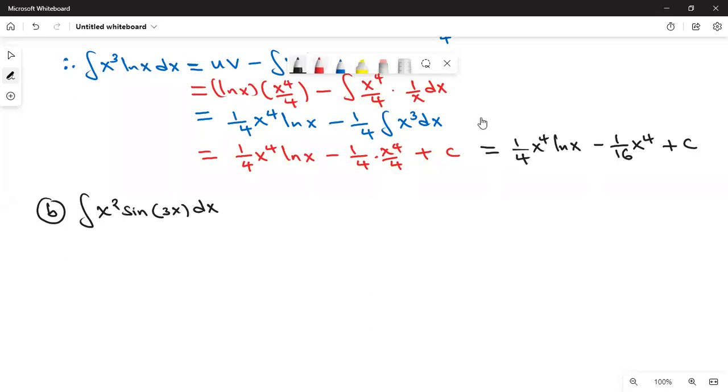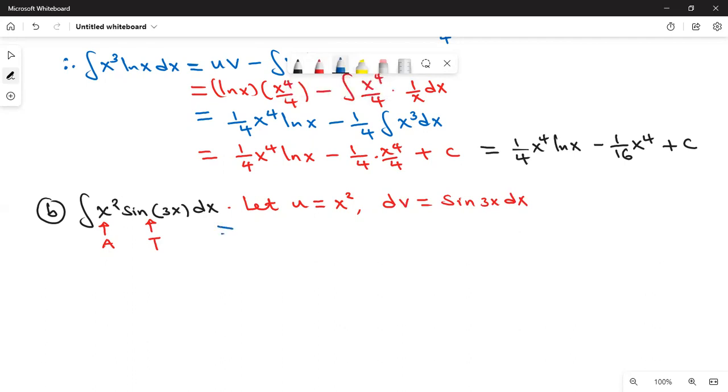As usual, we need to classify these two functions. X squared is algebraic. Sine 3x is trigonometric. Look at the LATE rule. Which one do you encounter first? We encounter A before T. So you write let u be equal to x squared, so that our dv will now be equal to sine 3x dx.